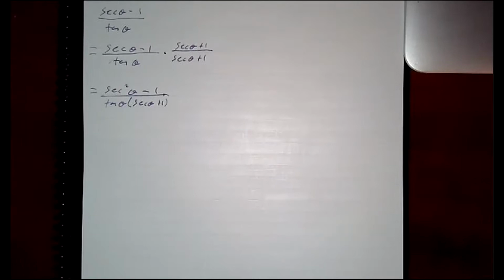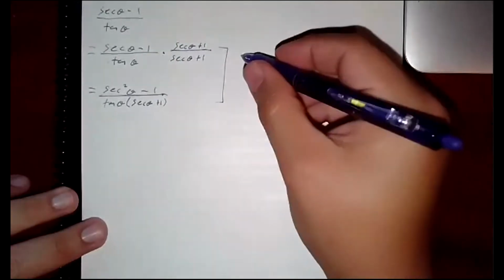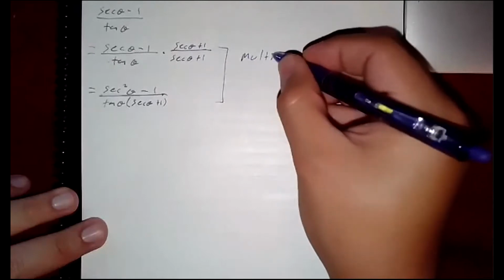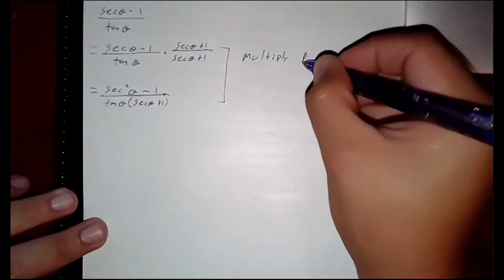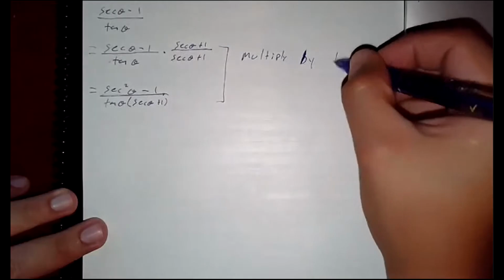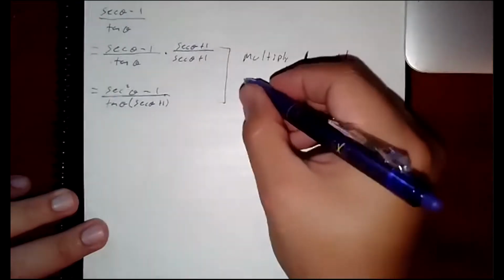Now, secant squared minus 1 is an identity, right?